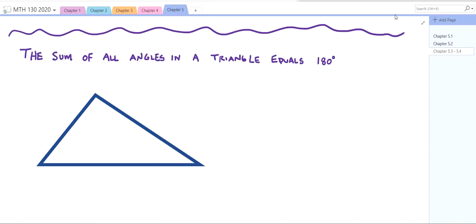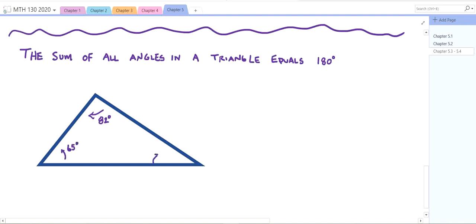Okay, the sum of all angles in a triangle always equals 180 degrees. For example, we could have this angle here that is maybe 82 degrees, and this angle is 65 degrees.